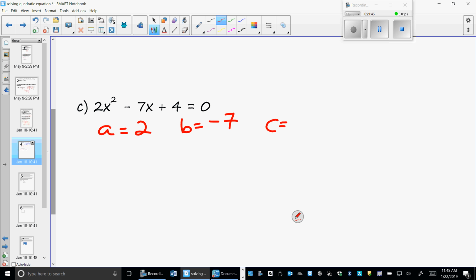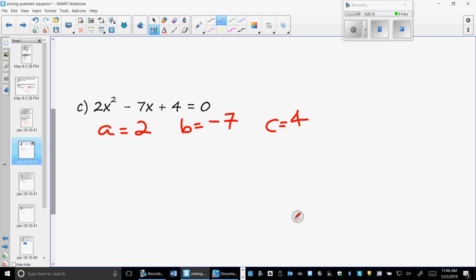We've done the same for every question, sweetheart. When we enter it into the formula, we change the sign of it. No, sweetheart, because we're identifying the value is negative 7. So when we are entering it into the calculator as well, we must enter negative 7. Okay? So C is 4.